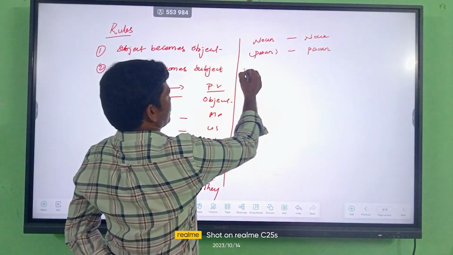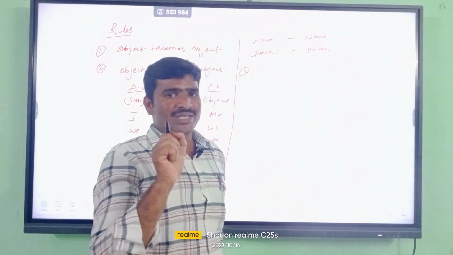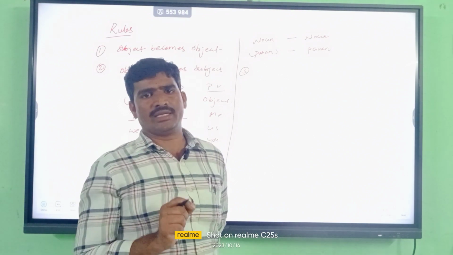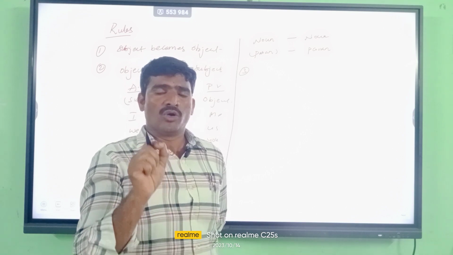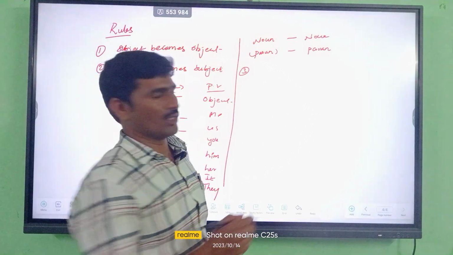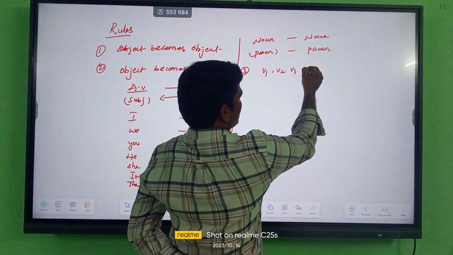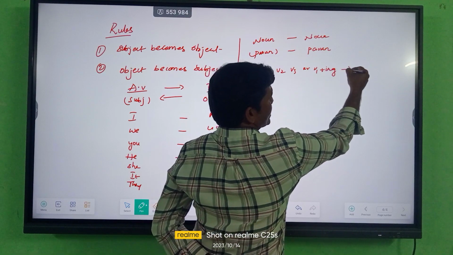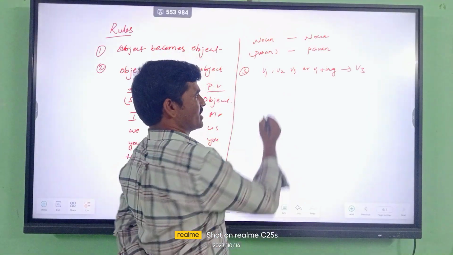Rule number 3: the active voice verbs V1, V2, V3 or V1 plus ing are changed into the past participle form of the verb, V3, in the passive voice.